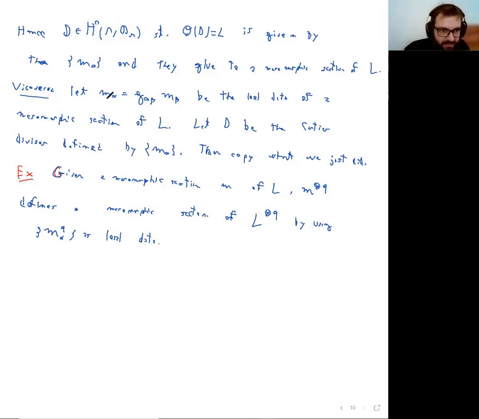This is a very easy exercise. You just look at this equality, you put it to the Q, and you see that G alpha beta to the Q are the transition functions of L to the Q. So you're done.